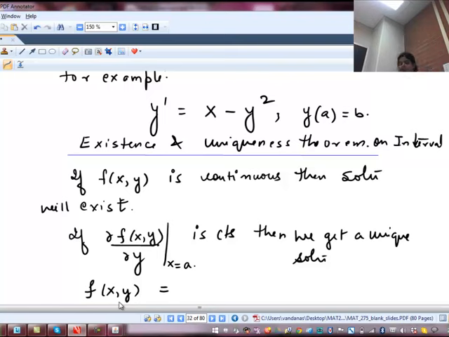So you remember when you have a two variable function, for it to be continuous, what were the theorems you learned? How did you check a two variable function to be continuous? Remember from Calculus 3, a little bit of introduction.